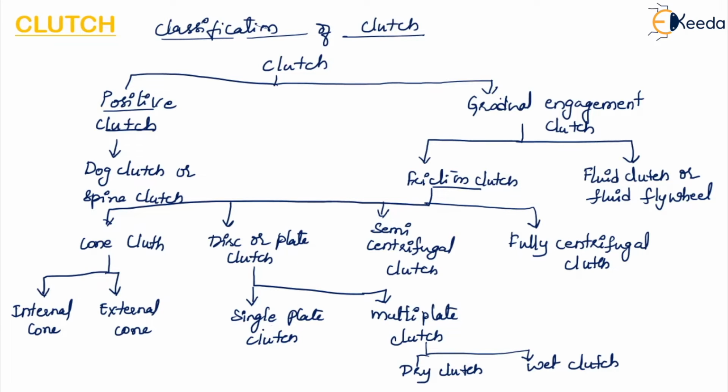Even a single plate clutch is also a friction clutch because it is a disc or plate type clutch, and the cone clutch is also a friction clutch. We are going to discuss now the positive clutch, and among friction clutches we will study the single plate clutch, multi plate clutch, cone clutch and centrifugal clutch.